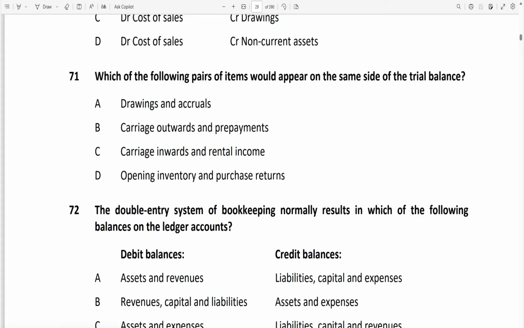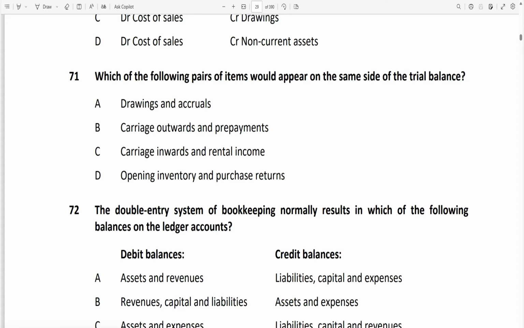C, carriage inward, again it's an expense, like you are using a transport system to get your goods delivered, right? Inward means into your organization, outward means outside the organization, right? So it will be on the debit side as it is an expense, and the other one is rental income, it's on the credit side obviously. So option C seems to be not correct.